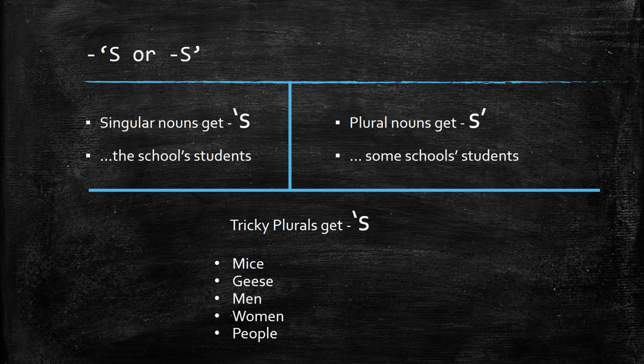All right. Now, last thing on this note is that tricky plurals get apostrophe S. So we already said plural nouns get S apostrophe, right? But these plurals don't. They get apostrophe S. So what's the difference? Well, tricky plurals are plural words that do not end in S. And down below you see a couple examples of these with mice and geese.